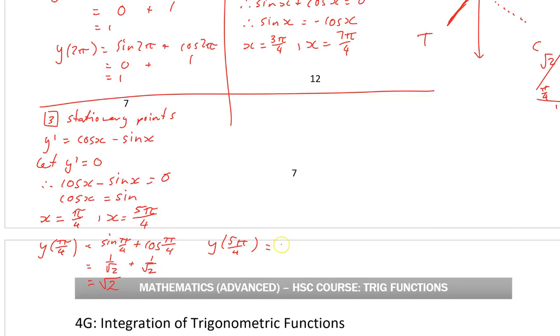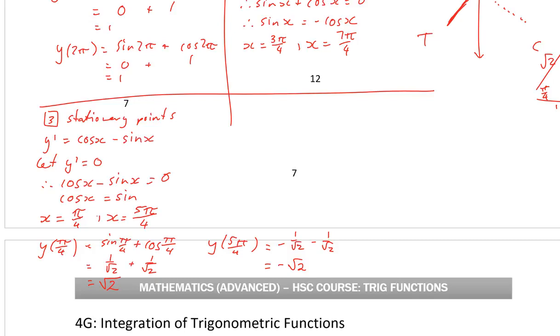So this is negative 1 over root 2 minus 1 over root 2 equals, we worked it out, negative root 2. Righto. So I've got some more points here. I've got the start, the end, 2 intercepts, and 2 stationary points, with the coordinates there.